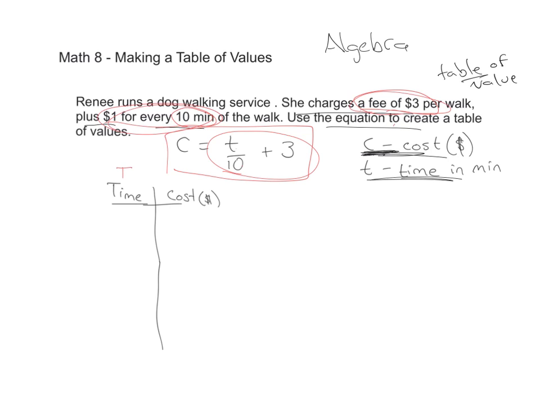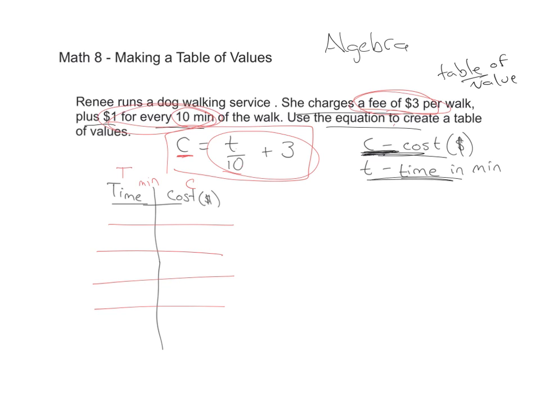So I'm going to have T listed first. Time is in minutes, so I should include that in there. And then the one that I'm trying to figure out after I've put T in is my cost, and that is represented with C here. So what I want to do is show people a whole bunch of different options.